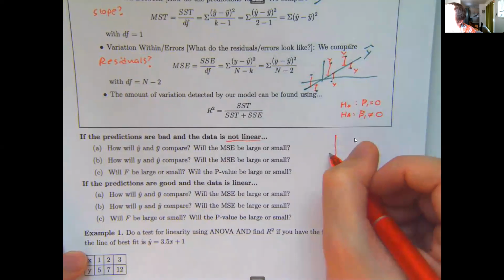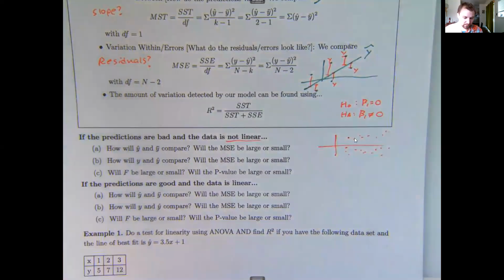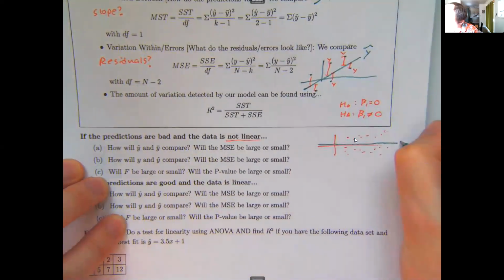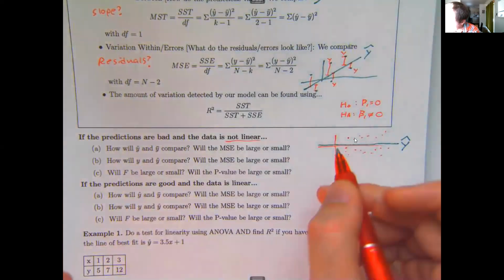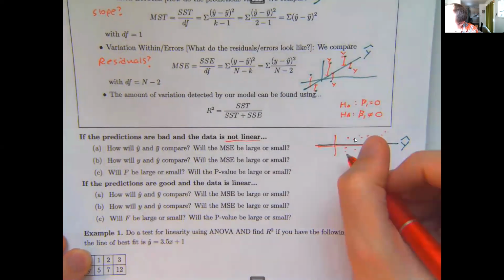Well, if it was not linear, I would have a cloud of points, and my line would go through this cloud of points, and the middle of my y values, my flat line, would also be the same sort of middle equation here.